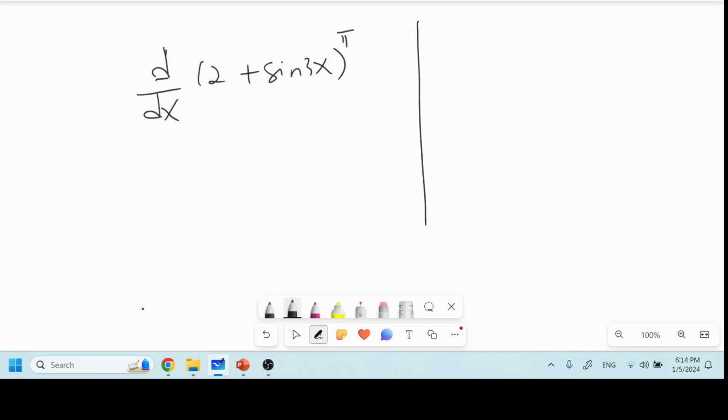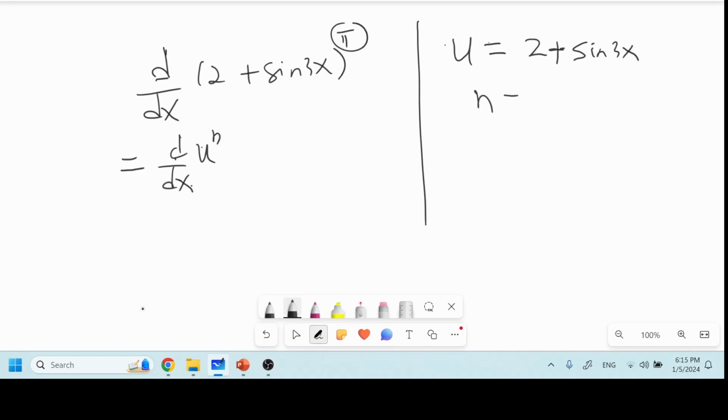To do this differentiation, you simply define a function u which represents 2 plus sine 3x, so that this question can be written in the form d/dx of u raised to the power of n, where n is representing the irrational number pi.